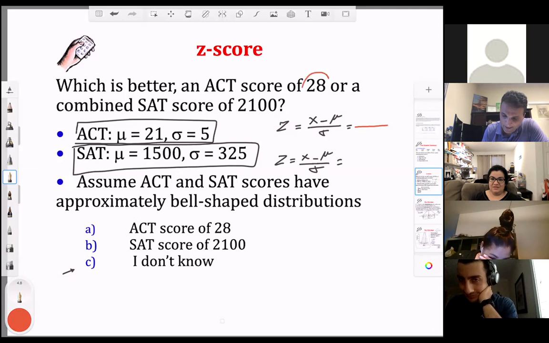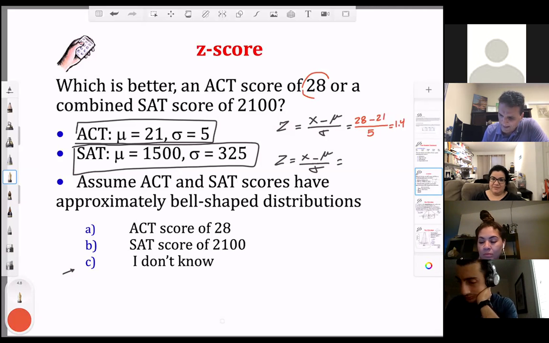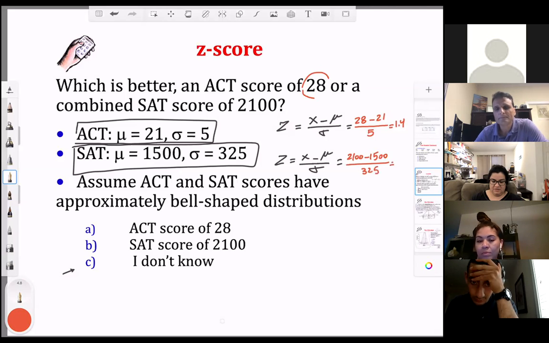So x is 28, correct? 28 minus 21 divided by 5 gives 1.4, as Mariana said. For the SAT, we have 2,100 minus 1,500 divided by 325. What is this one? 1.8.